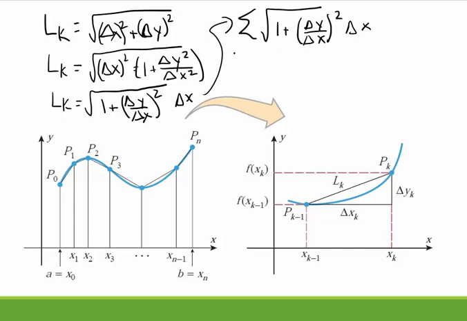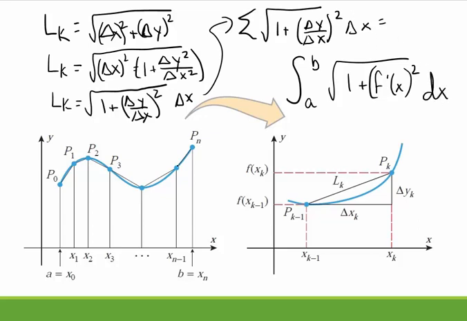If you think about it, remember when we summed up a bunch of different areas, in this case maybe trapezoids, summing up a bunch of different things, that was an integral. So it's the integral from a to b of the square root of 1 plus, now delta y over delta x, what is that? That's our function's derivative, squared, and then dx, and delta x becomes our dx.